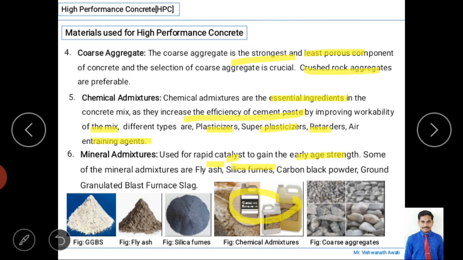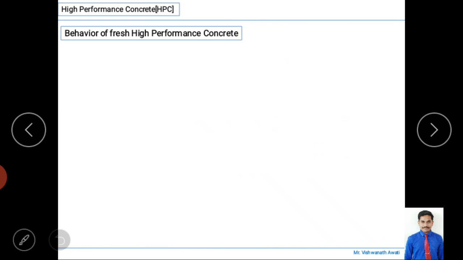And next we are using, as I told, silica fume. Silica fume is also a byproduct of silica metals and carbon black powder. You can see in the images GGBS, fly ash and silica fume, correct.